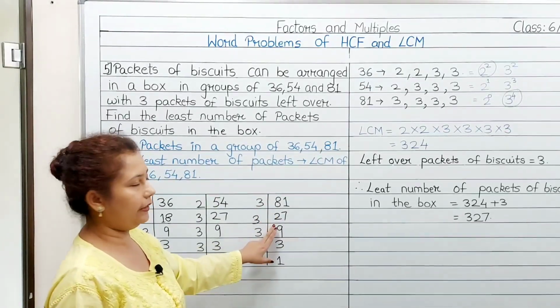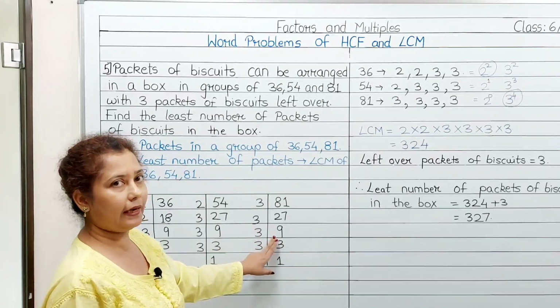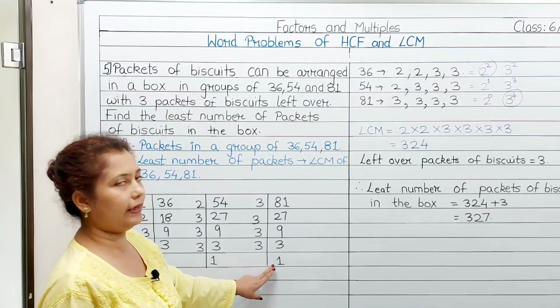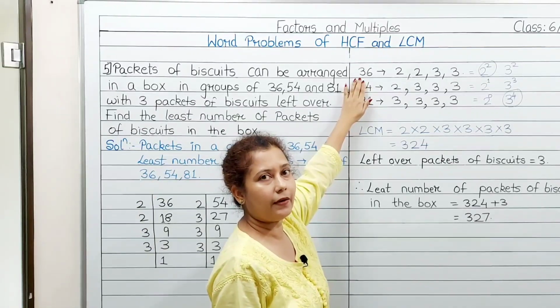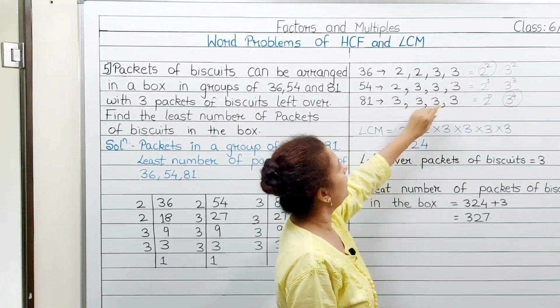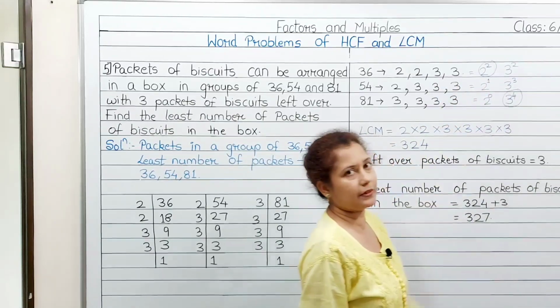81 divided by 3 we get 27. 27 divided by 3 is 9, 9 divided by 3 is 3, and 3 divided by 3 is 1. Here the factors of 36 are 2, 2, 3, 3, so 2 two times and 3 two times.